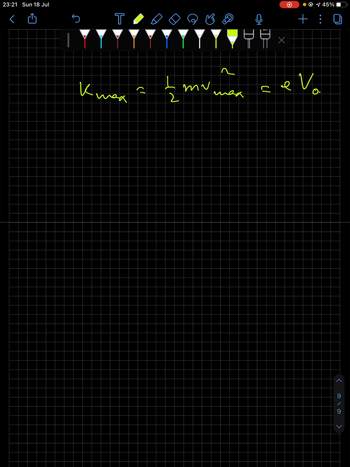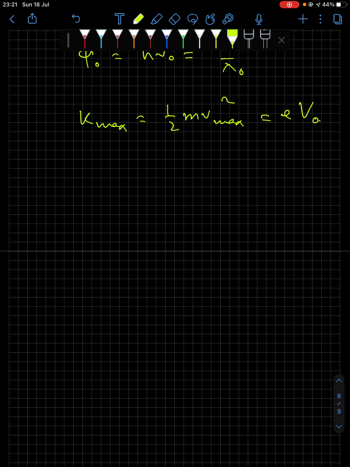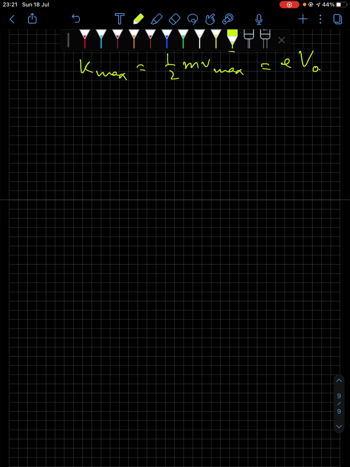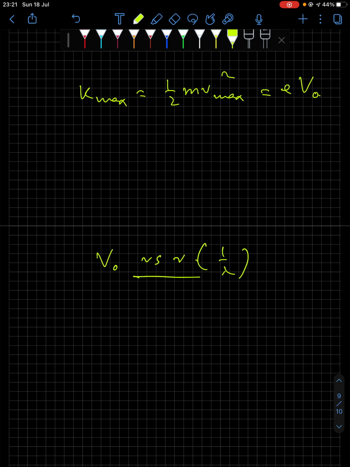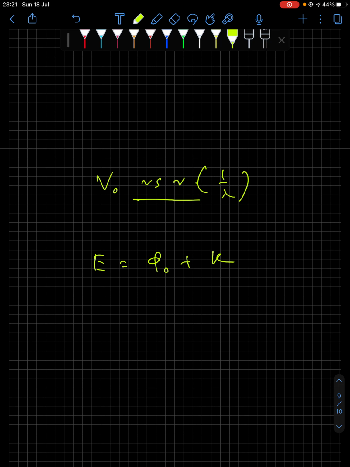I'll show you the V naught versus frequency relation, the graph of V naught versus frequency. This can also be done as V naught versus 1 by lambda. To get this, we will have the above equation, E equals phi naught plus K. We are writing down K only, not K max now.